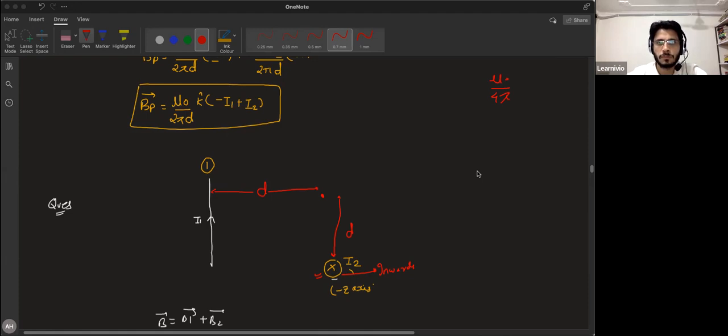Sir, I2 is along the negative z direction. Yes. I2 is along the inverse, negative z axis.